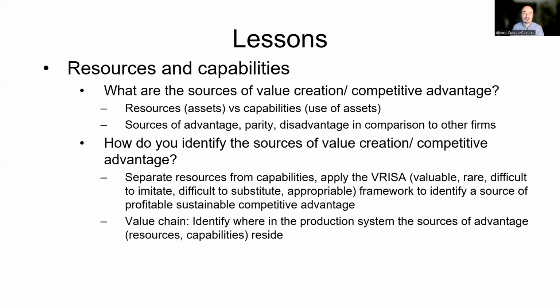Not all of them are going to be a source of advantage. In reality, in many cases, yes, a few of them. The logic behind understanding these is which ones are a source of advantage, which ones are sources of parity, so similar to other competitors, which ones might be creating disadvantages. And in many cases, the decision is, how do I continue improving my sources of advantage?